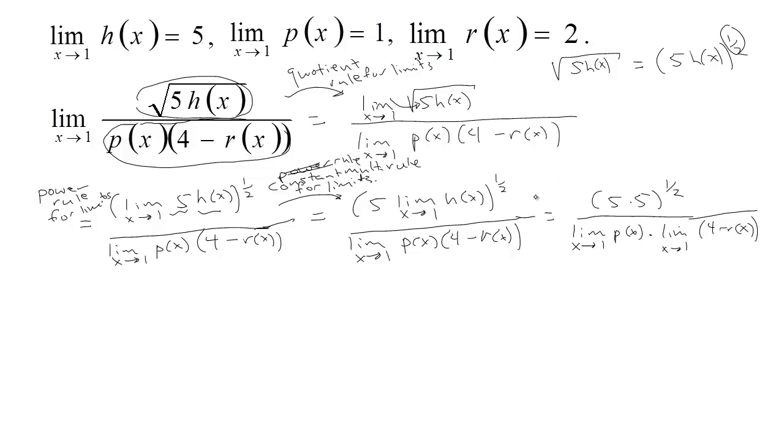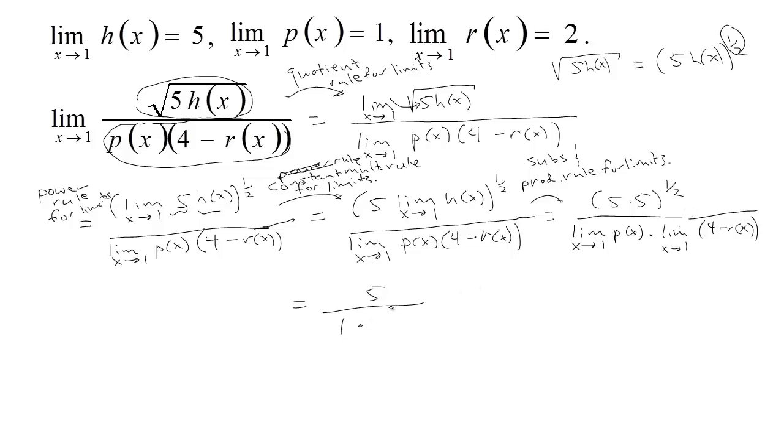So what we've done here is to do a little bit of substitution and to apply the product rule for limits. Up on top, if you take 25 and find its square root, that's just going to be 5. And down here, we know that the limit as x tends to 1 of p of x, we're told that that's 1, so we might as well just substitute that in.